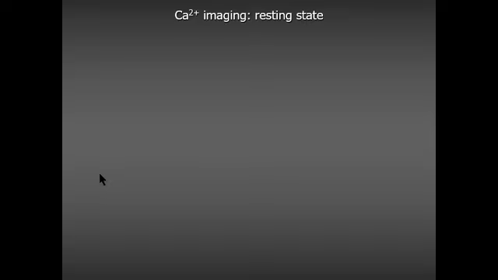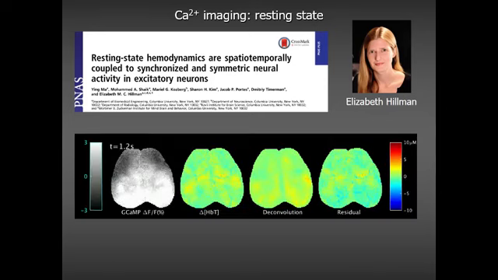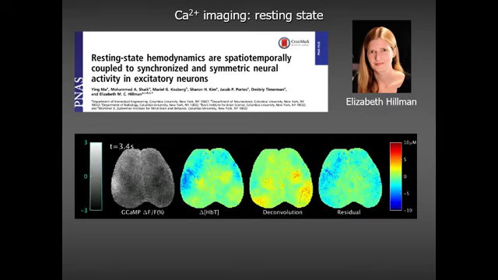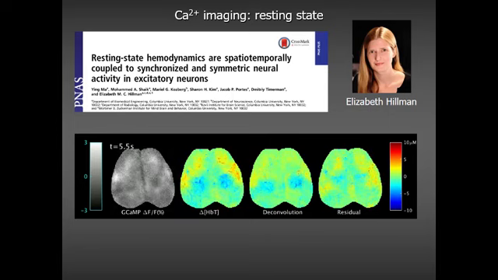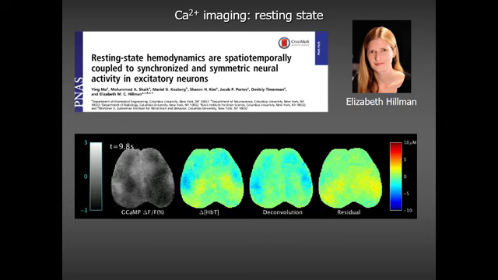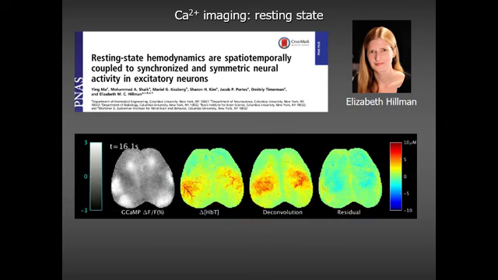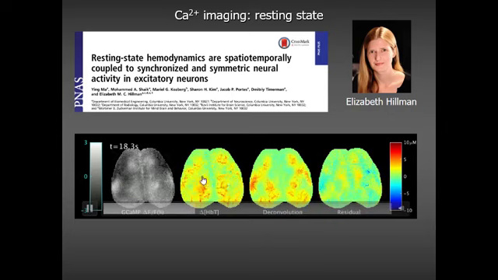Now, I already mentioned the resting state. Here is a very interesting paper from Elizabeth Hillman at Columbia University, and I'll tell you a little of what they did. They found a way to image calcium using a camera looking at the top, so again both hemispheres are available. At the same time, they look at the total hemoglobin.